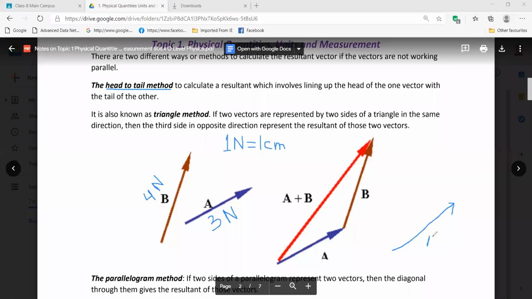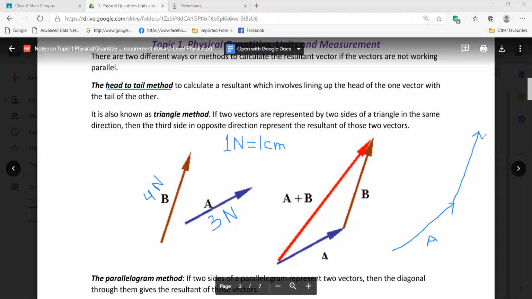So it is A. We are transforming A from there to here. And when we draw B again, transforming it here and joining the tail of B with A, at that time also we are maintaining the parallel rule. Also, when we are drawing, we maintain the length.